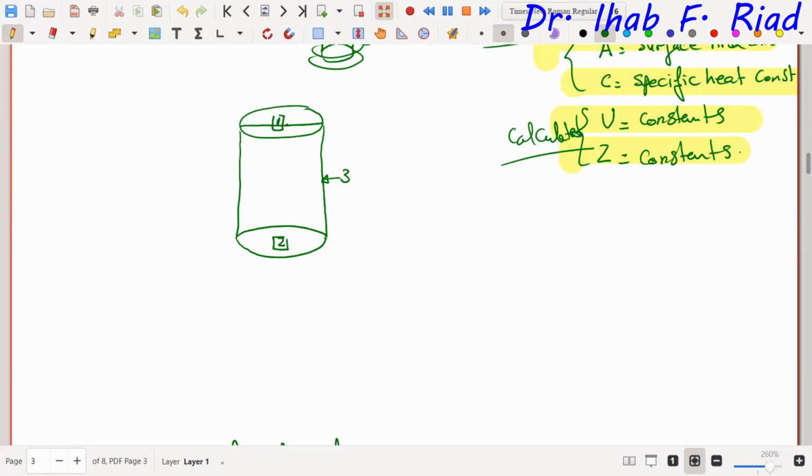The formula is pi r squared, but we are measuring D, right? So pi D squared over 4. And we're going to multiply by 2 because we have the top and bottom, they are equal, right? Yes.